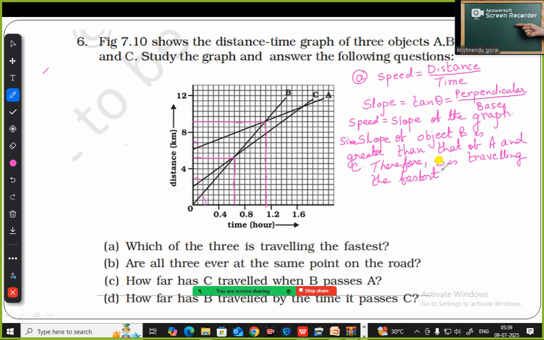If you see in the graph, all the objects A, B and C never meet at a single point.